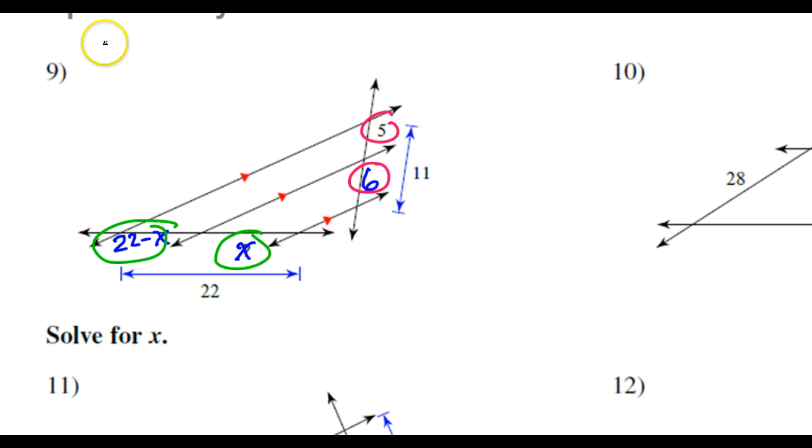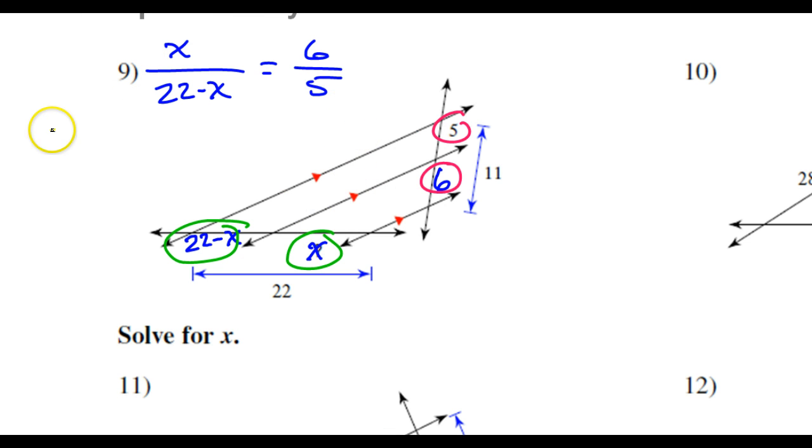So, for example, x over 22 minus x should equal 6 over 5. And we cross multiply, so that'll be 5x equals.